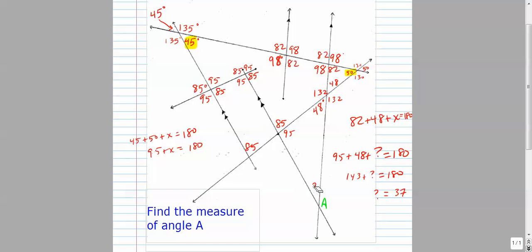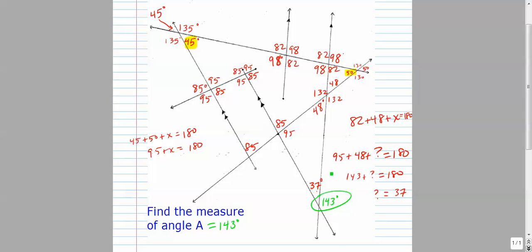So right in here is 37 degrees, which means the angle that's right next to it, angle A, is the supplement of that. So finally, after all that, we have 143. So the measure of angle A is 143. Those two angles, of course, add up to 180 because they are a straight line right there.